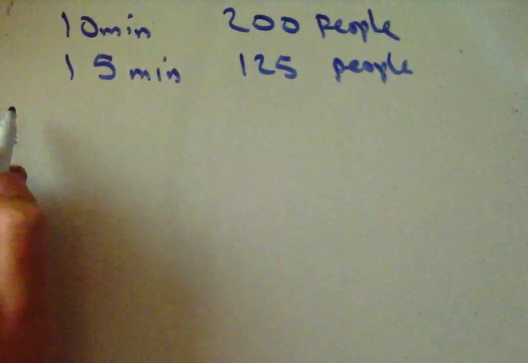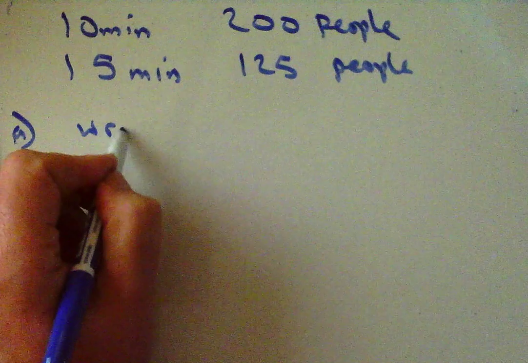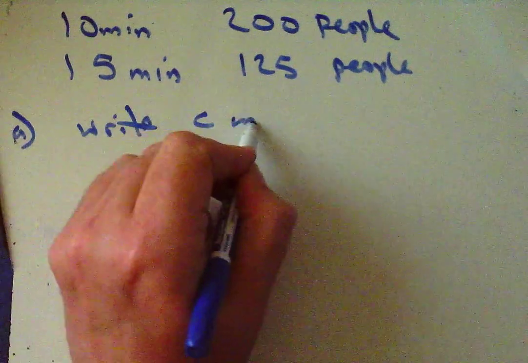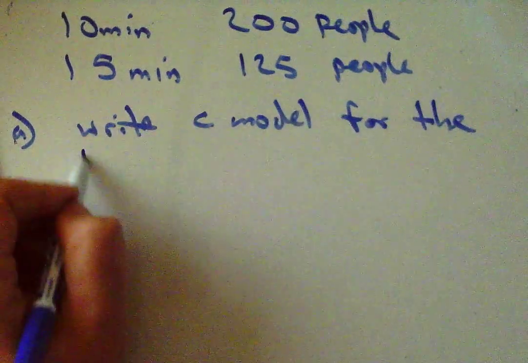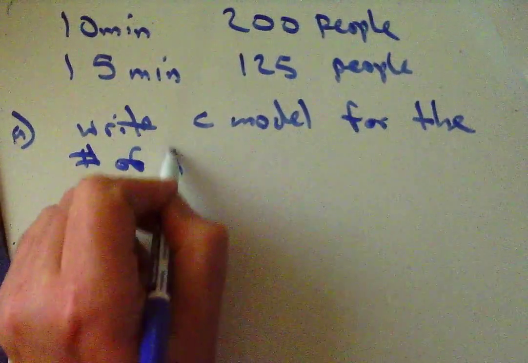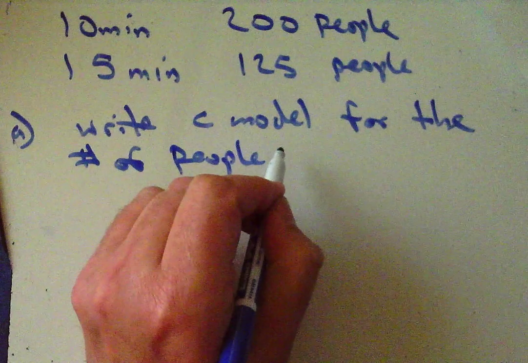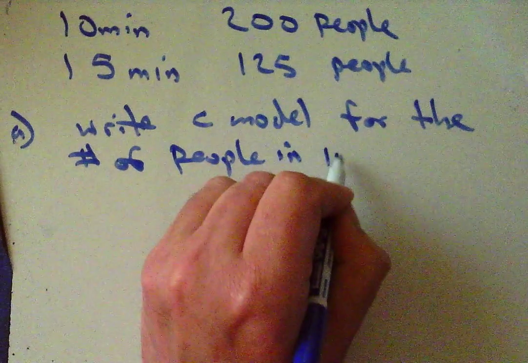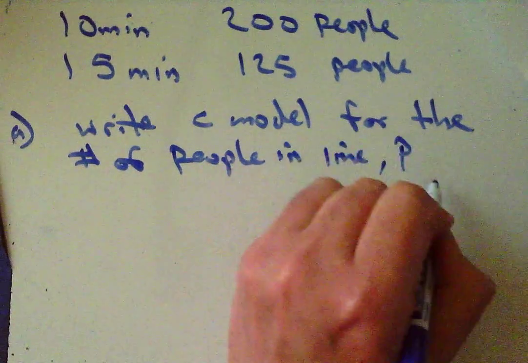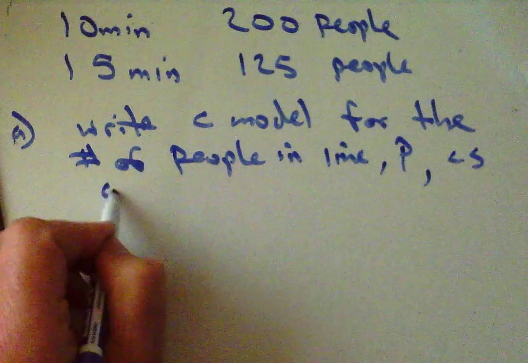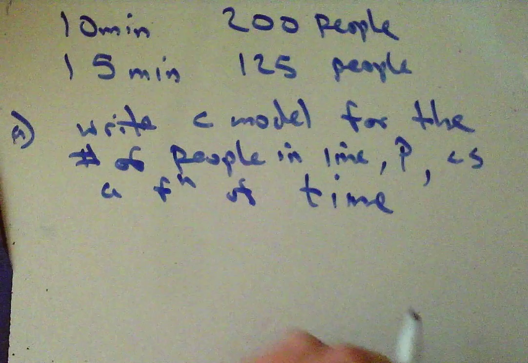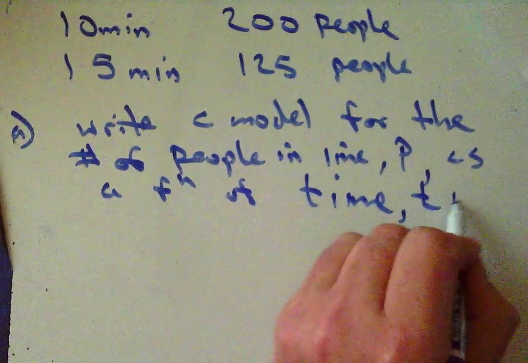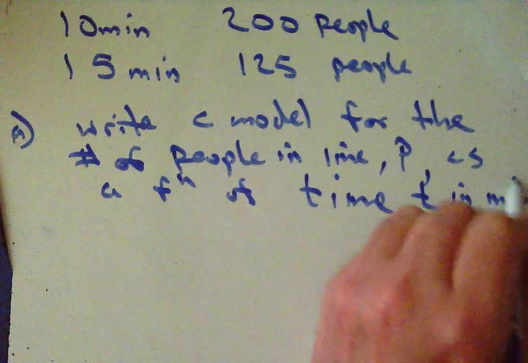So, A, write a model for the number of people in line, and I'm going to call that P, as a function of time, T, in minutes.